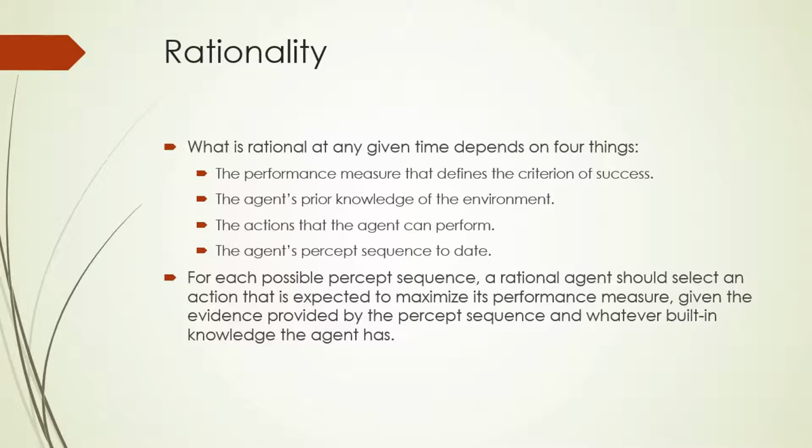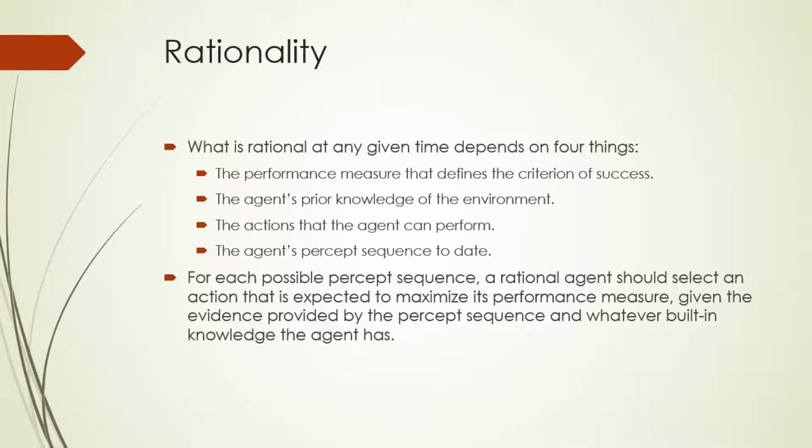Number 2, the agent's prior knowledge of the environment. Number 3, the actions that the agent can perform. Lastly, the agent's perceived sequence to date. So for each possible perceived sequence, a rational agent should select an action that is expected to maximize its performance measure, given the evidence provided by the perceived sequence and whatever built-in knowledge the agent has.